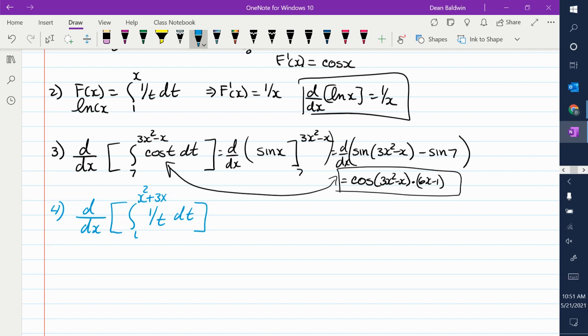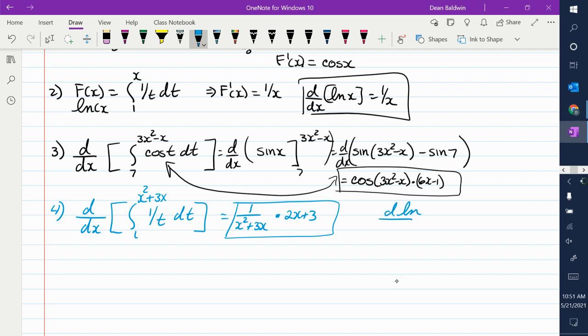What is the answer? Sub in that. Multiply by 2x plus 3, the derivative of that. And that's it. And what you just did is what we're going to learn next week.